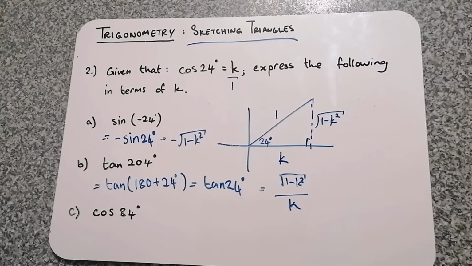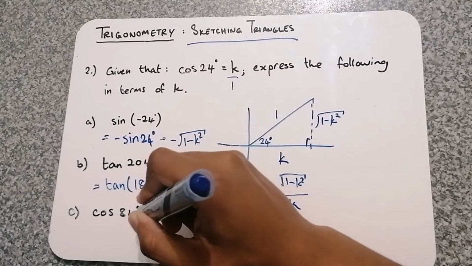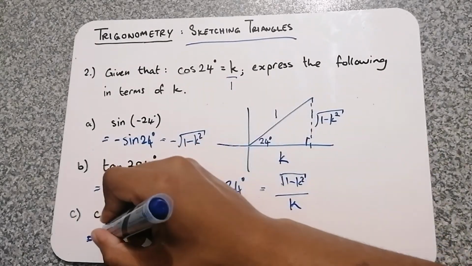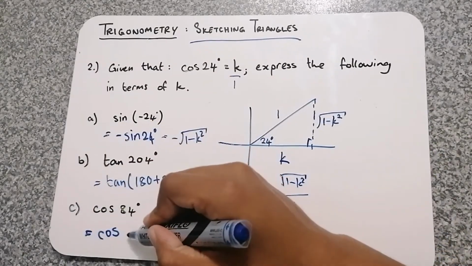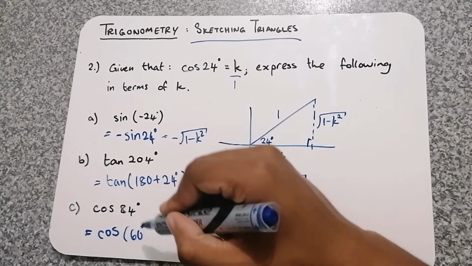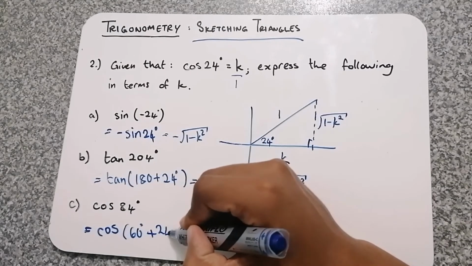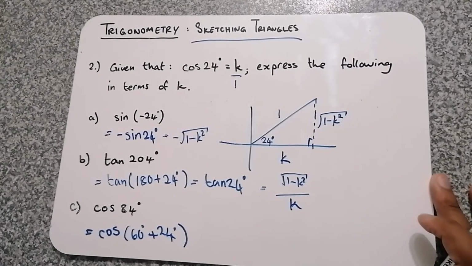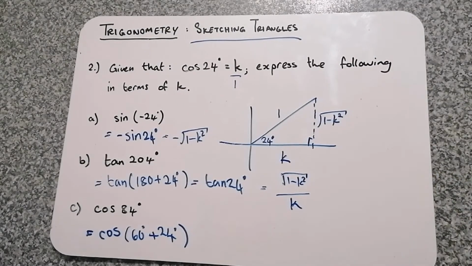The only thing I can do is break it up into a compound angle. So, cos of 84 degrees, I'll break up into 60 degrees plus 24 degrees. Now, the reason I'm choosing 60 degrees is because 60 is simply a special angle, and we know all the values for our special angles. So that's going to be easy.